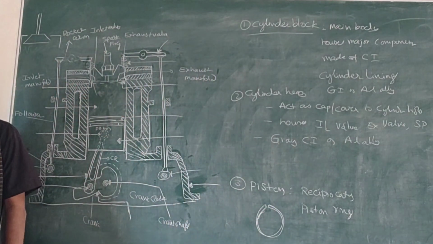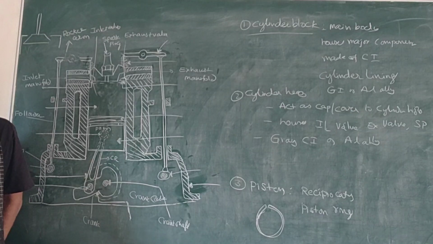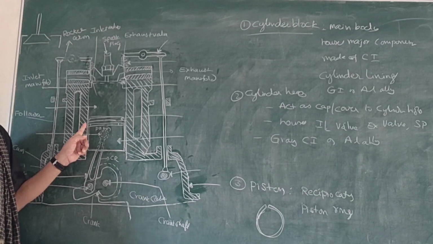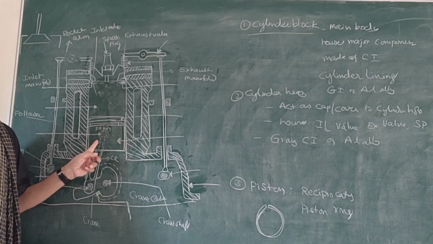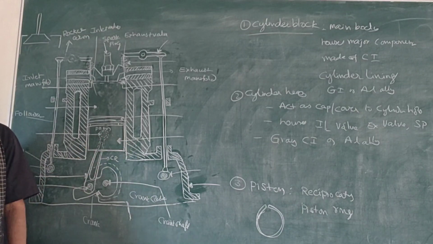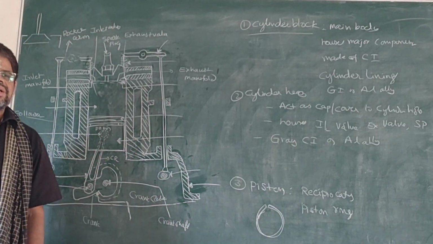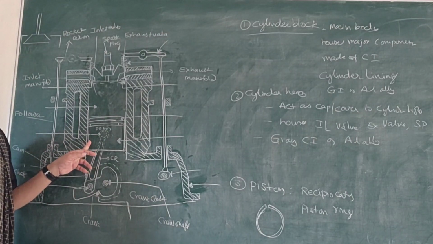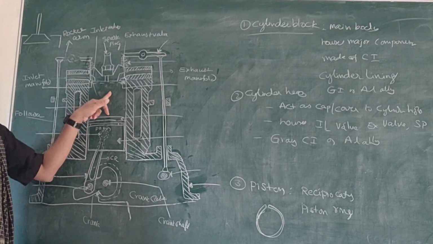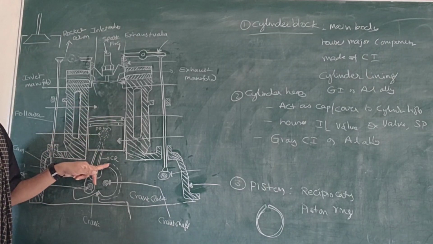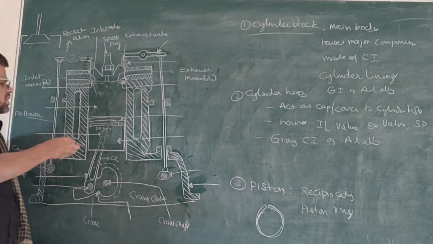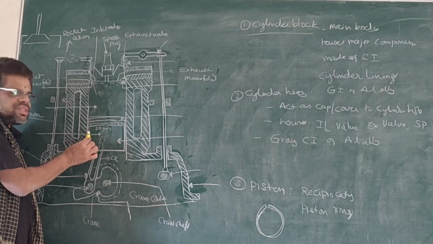What is the purpose of the piston rings? Actually, there is a gap between this wall and the piston. So these piston rings are used to fill the gap initially, and also the piston rings prevent the flow of gases into the crankcase. If there is no piston rings, there is no obstruction for the gas.